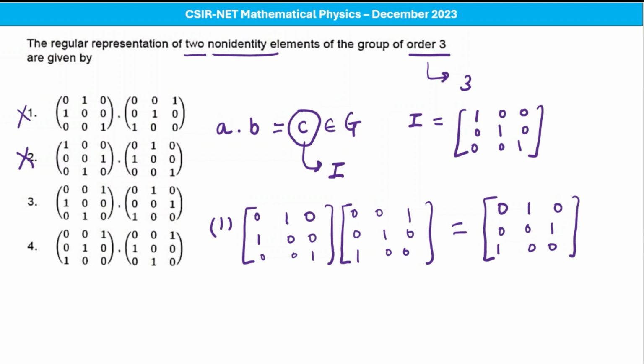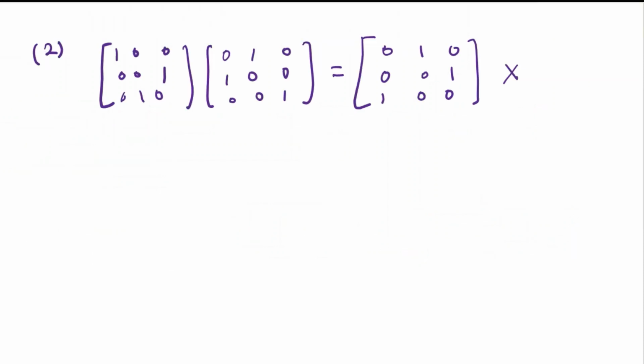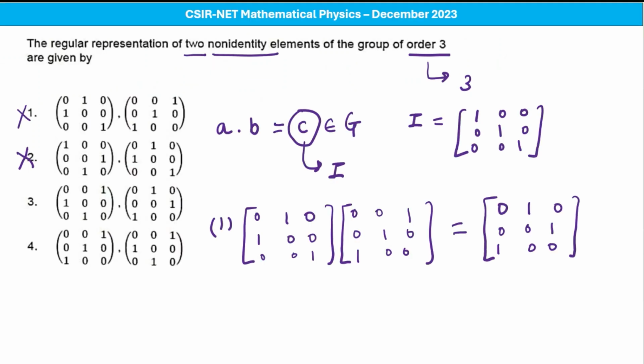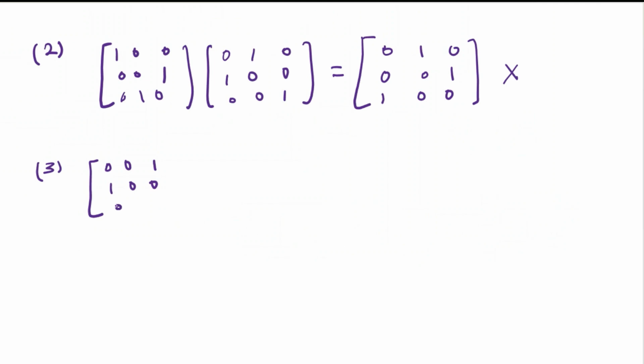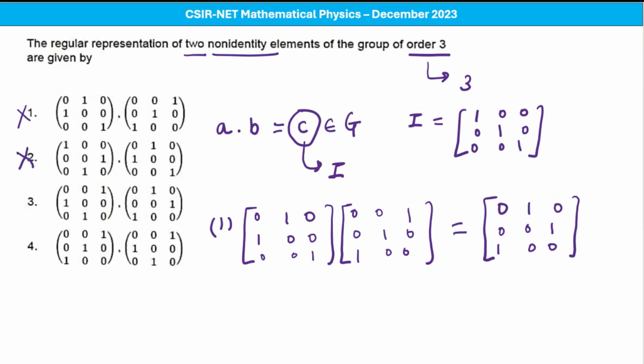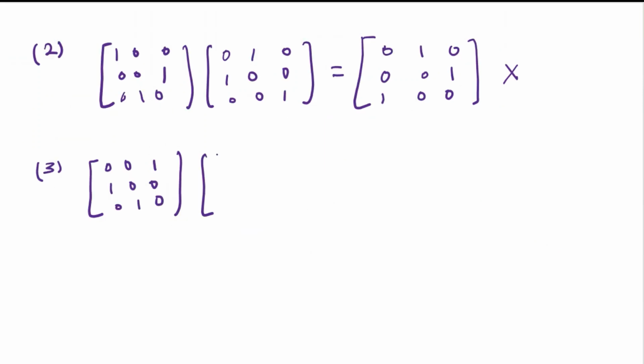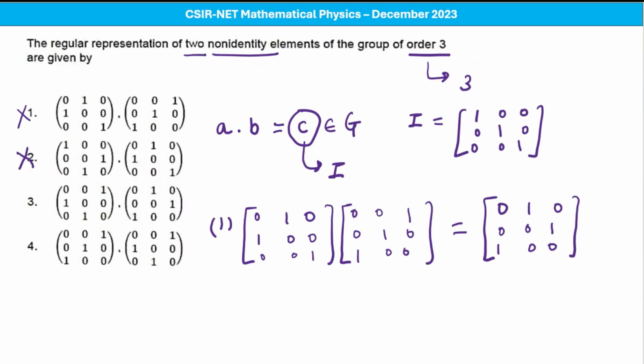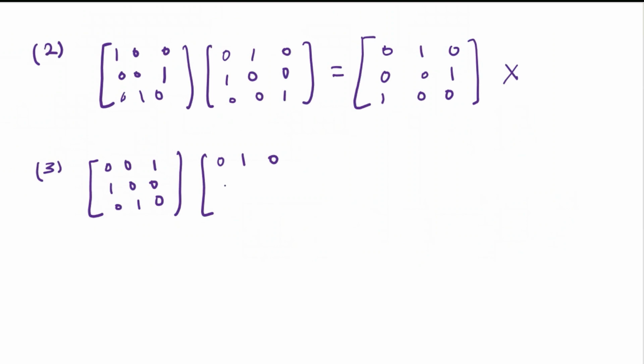Checking the third option, 1 0 0, 0 1 0, times 0 1 0, 0 0 1, 1 0 0.